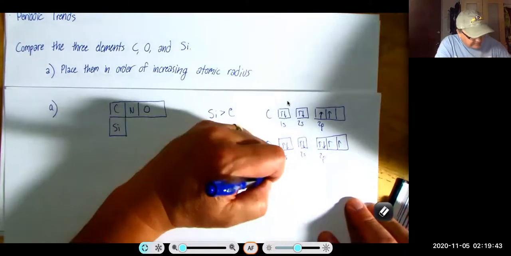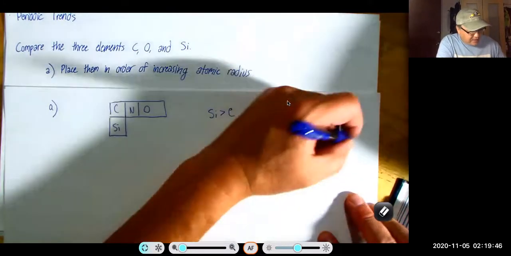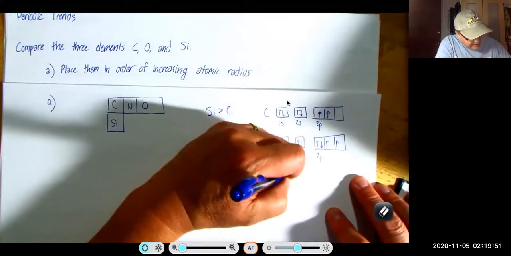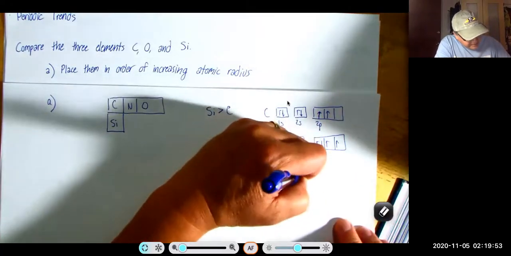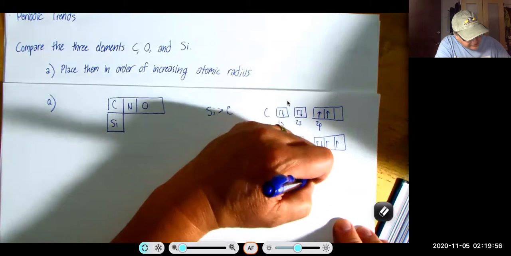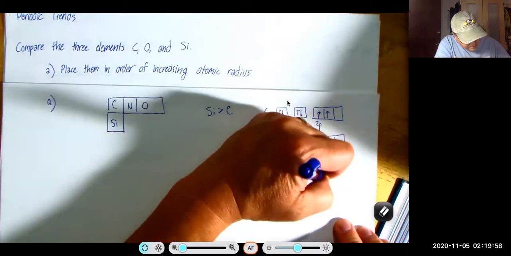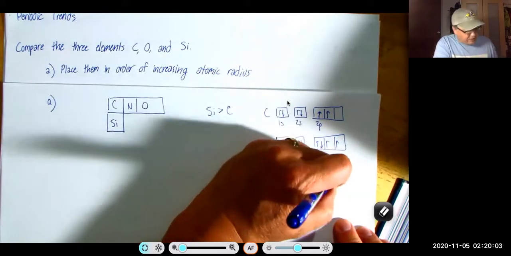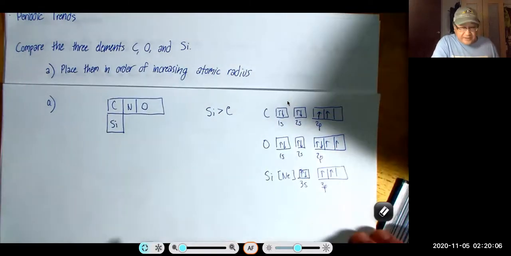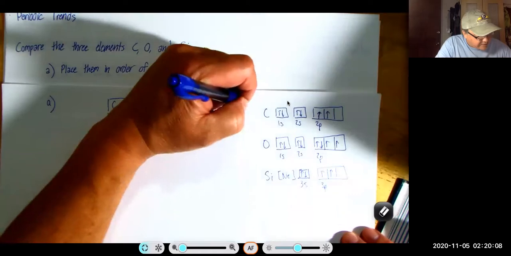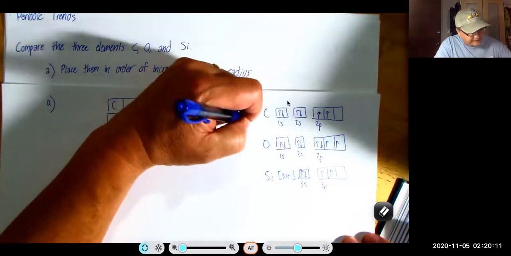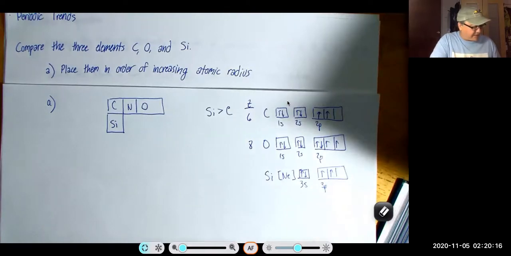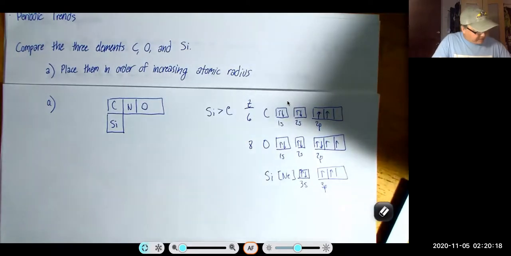And silicon is going to be, since it's in the next period, neon, 3s2, 3p2. So these are the electron configurations of each of these. And the atomic number for each of these is 6, 8, and for silicon, I can't remember what it is. I want to say like 14. Oh, and it is 14.